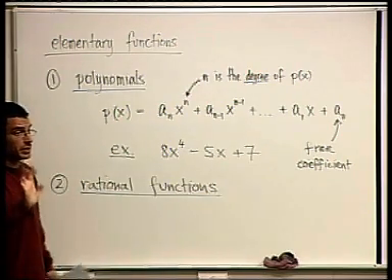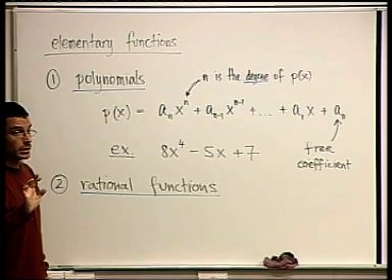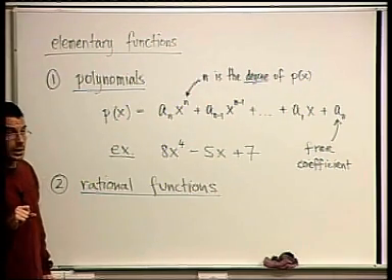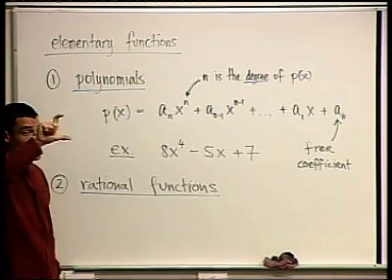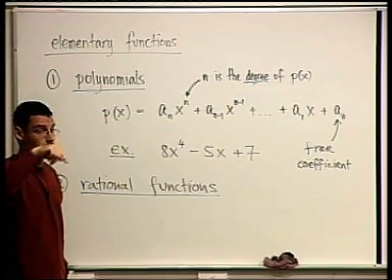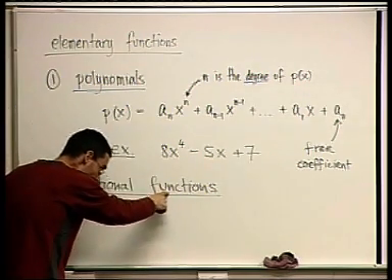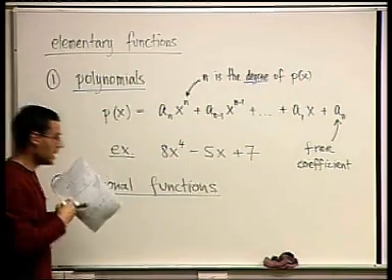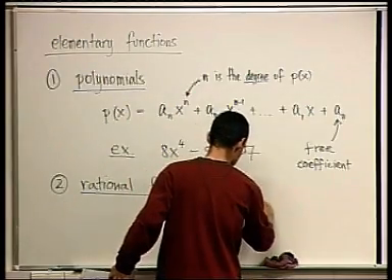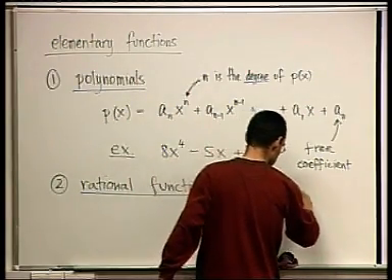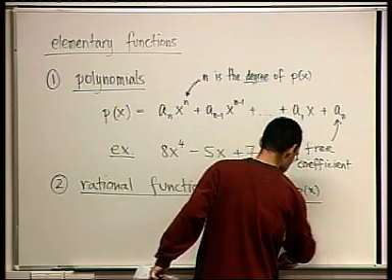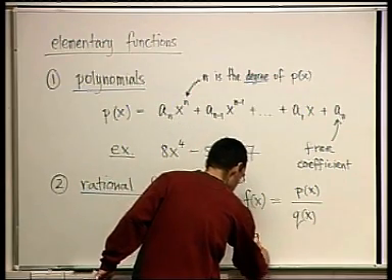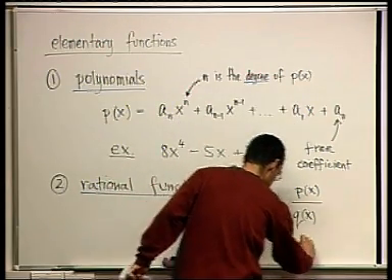Right, they were quotients of integers. Rational functions are by definition quotients of polynomials. That's the definition. So they're functions of the form f of x equals p of x divided by q of x, where p and q are polynomials.